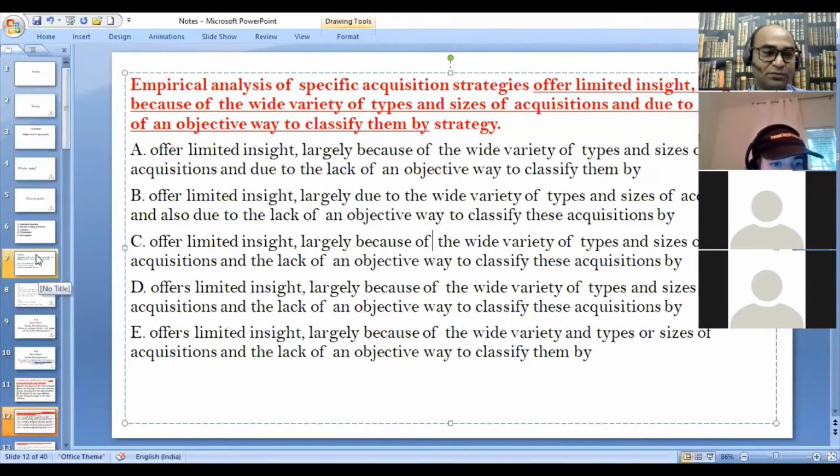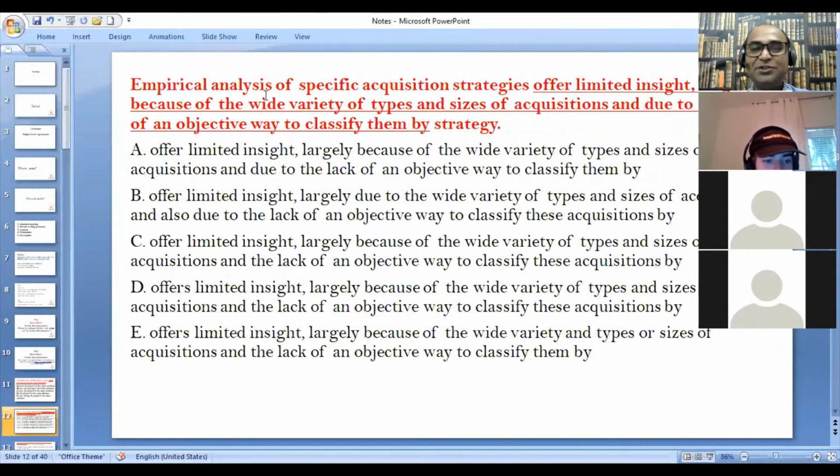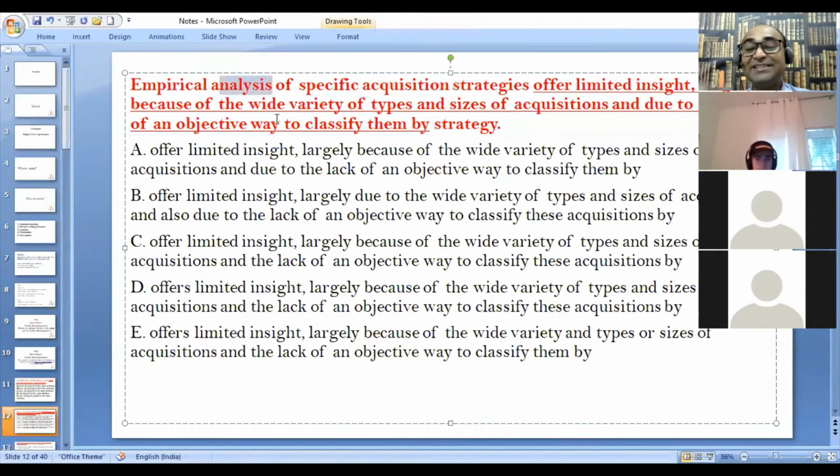It was one, right? Same here. It is talking about specific acquisition strategies. The subject is not strategies, but analysis of strategies. So analysis offers, because analysis is singular. That's why A, B, C out. Now, as I said, D and E.